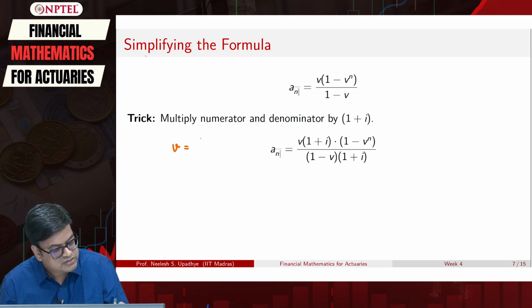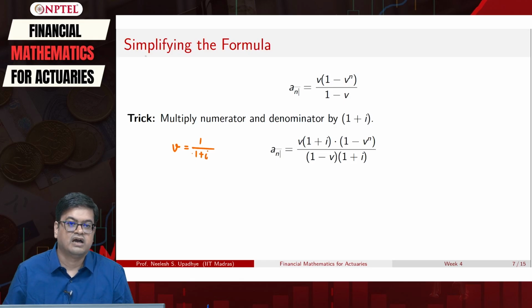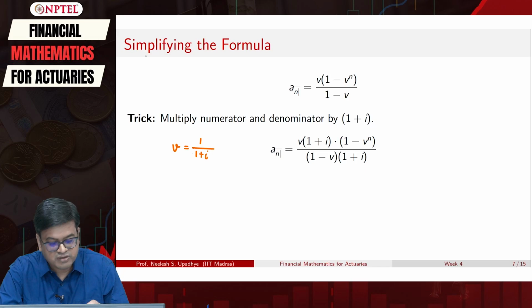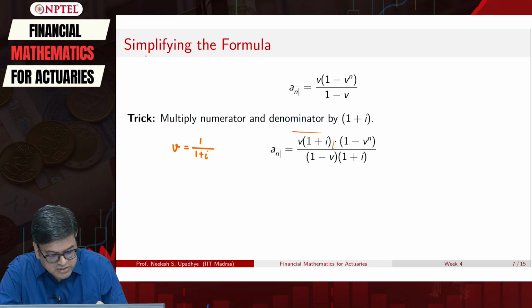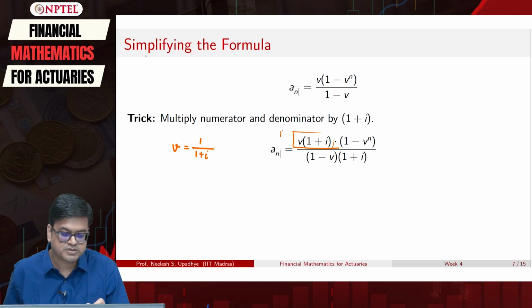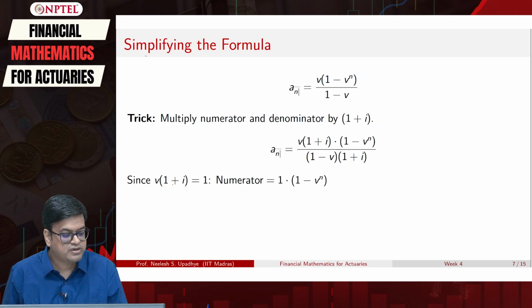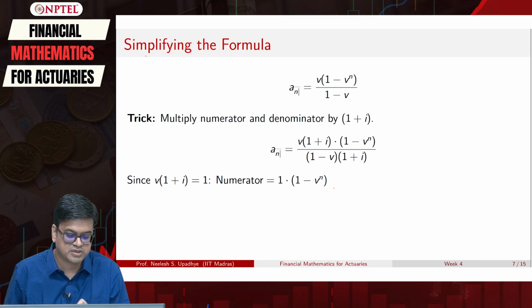V actually is 1 upon (1 plus i). So, I will use this relation, and V into (1 plus i) becomes 1. Therefore, the numerator is 1 minus V raised to n.